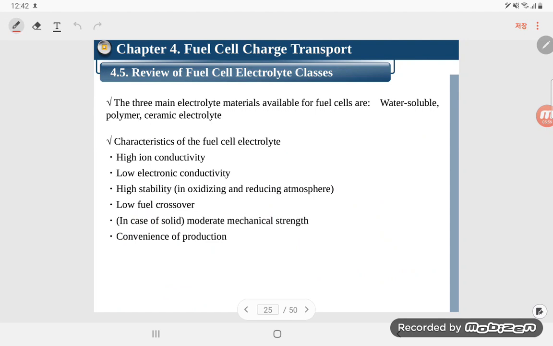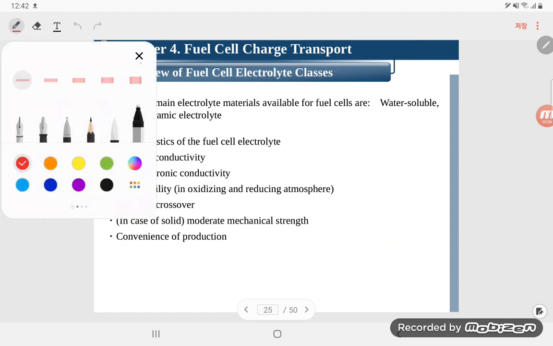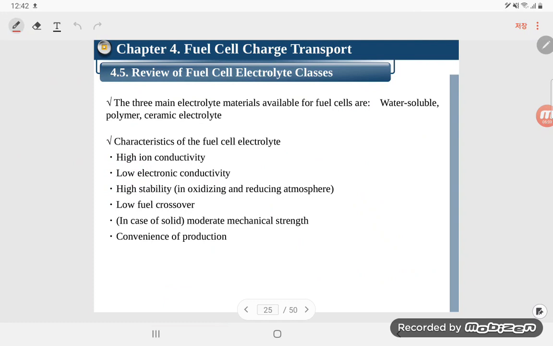And as we discussed, there are three main electrolyte materials available for the fuel cell: water soluble, polymer, and ceramic.